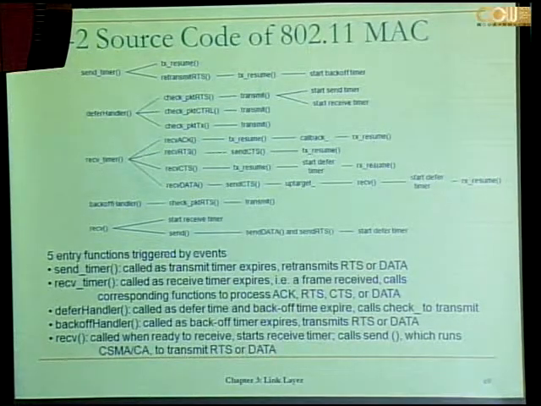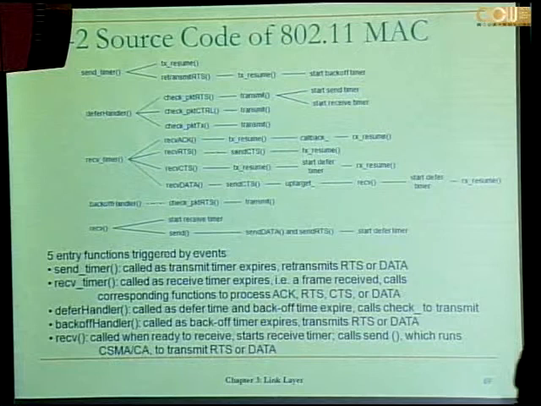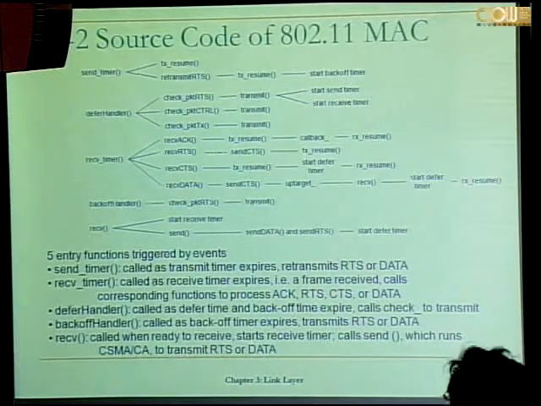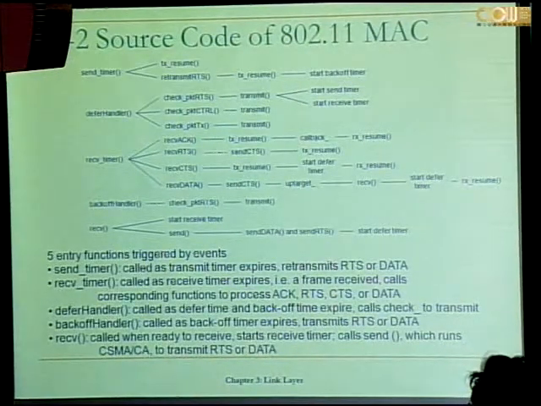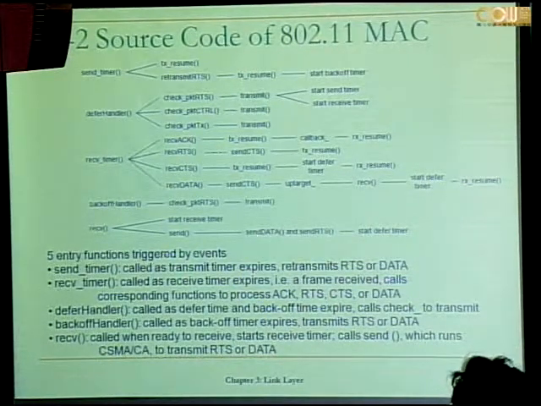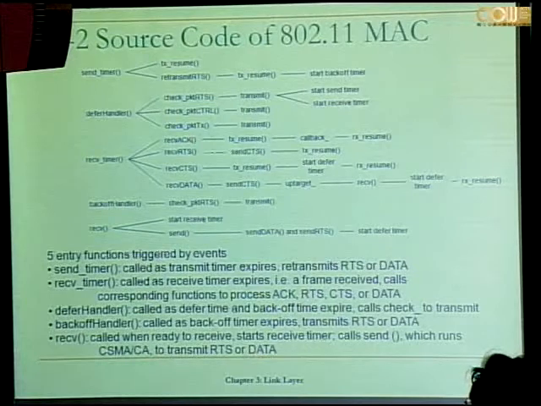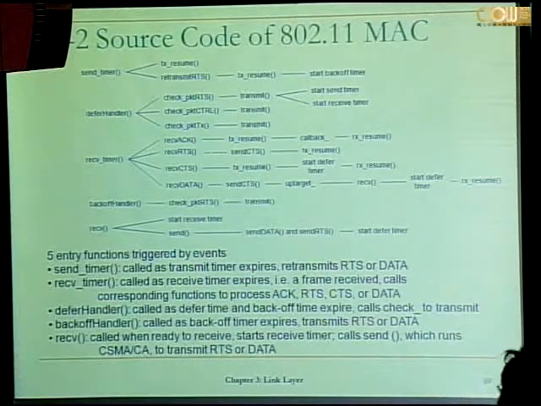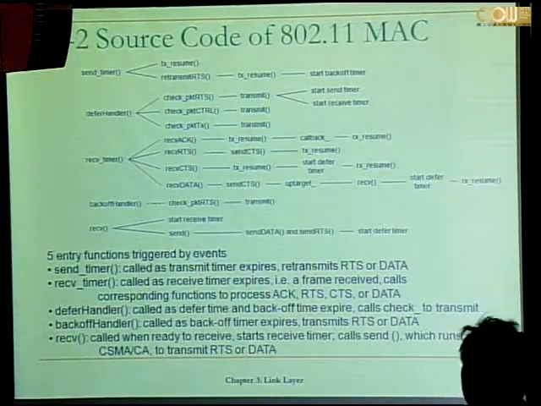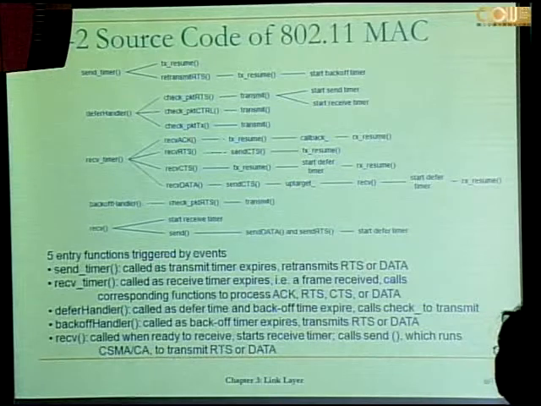Usually, a simulator is event-driven, triggered by events. Everything is triggered by events. So when they designed the module for 802.11, they designed 5 entry functions triggered by events: the start time, send timer, receive timer, deferred handler, backoff handler, and receive.